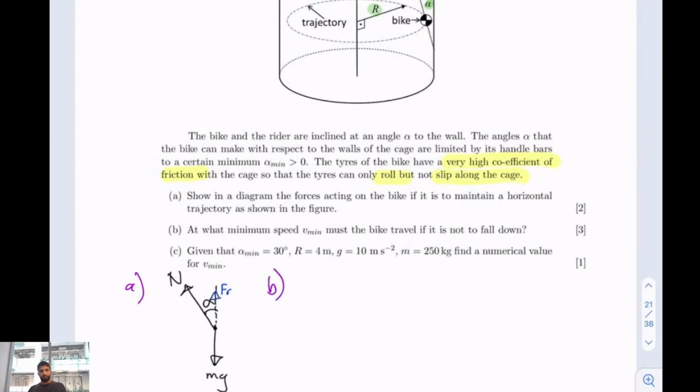So looking at part B, at what minimum speed, v minimum, must the bike travel if it's not to fall down? So this is a question where we need to bring speed of the motion in. We have already drawn a diagram of forces, and I'm thinking of writing the equation of motion.